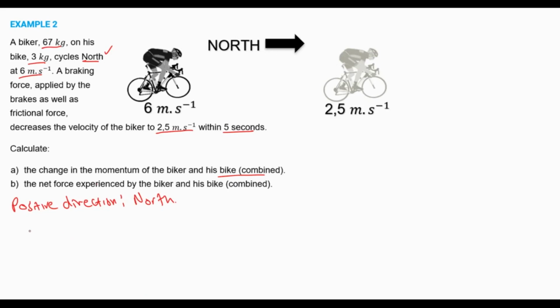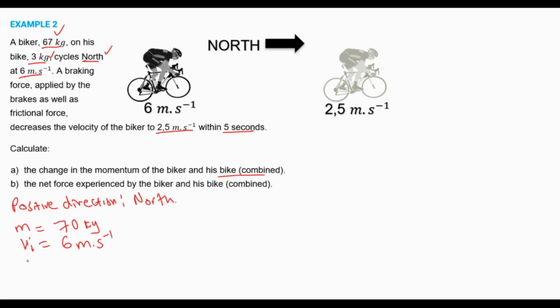Right, now what information do we have? The mass is going to be the mass of the biker plus mass of the bike. So 67 plus 3, which is 70 kgs. And then do we have initial velocity? It's cycling at 6 meters per second. And then do we have the final velocity?